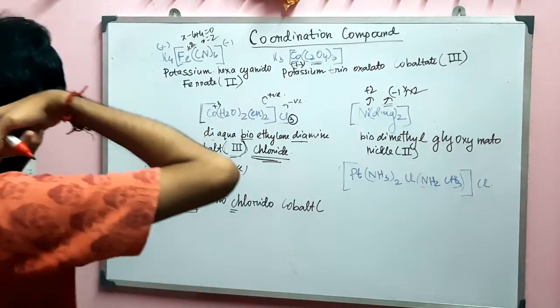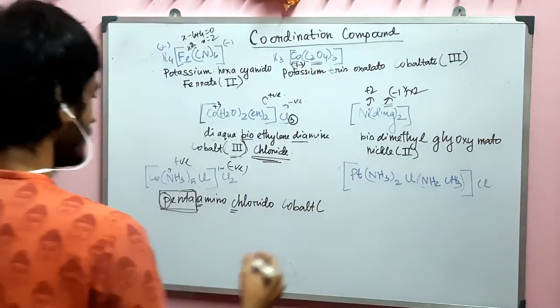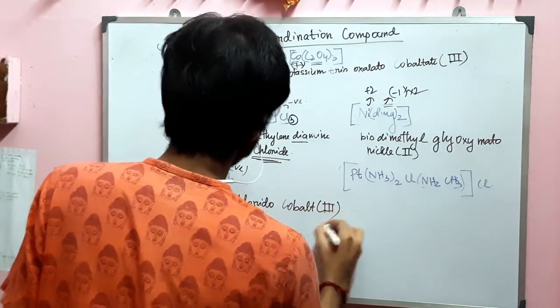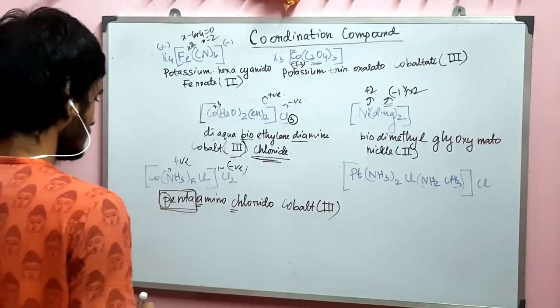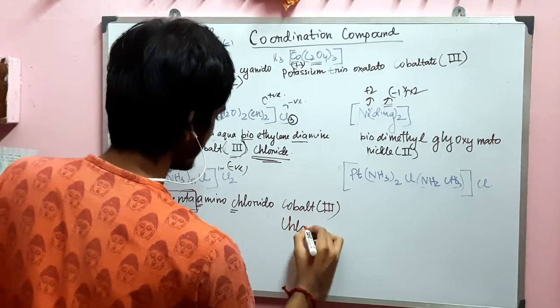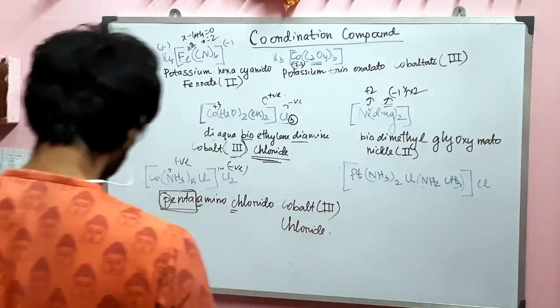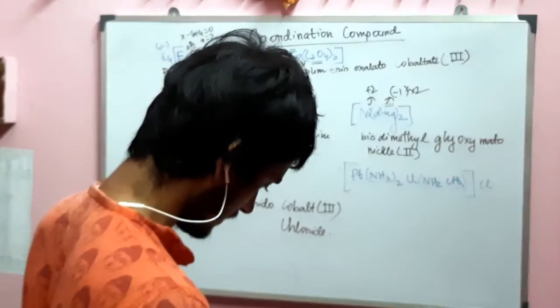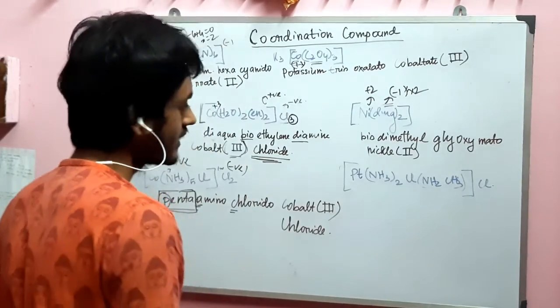What is the oxidation state here? Cobalt +3. Pentaamminechloridocobalt(III) chloride.